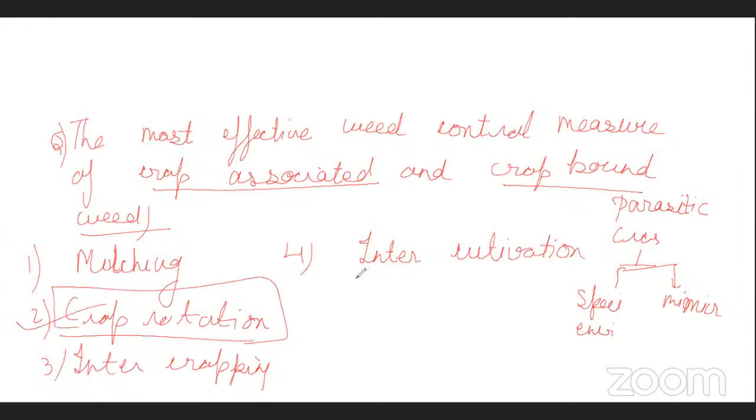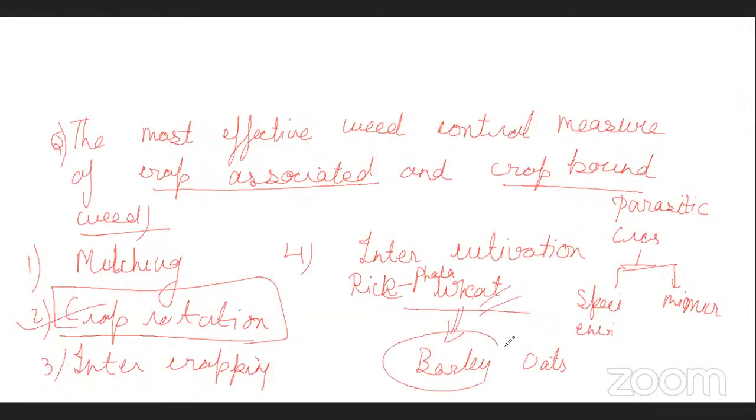I have given you the example in the rice wheat cropping system. If Phalaris minor is there in the wheat crop, we have to go for barley or oats in place of wheat, and this is known as crop rotation. This question was asked in the Rajasthan pre-entrance exam in 2019.